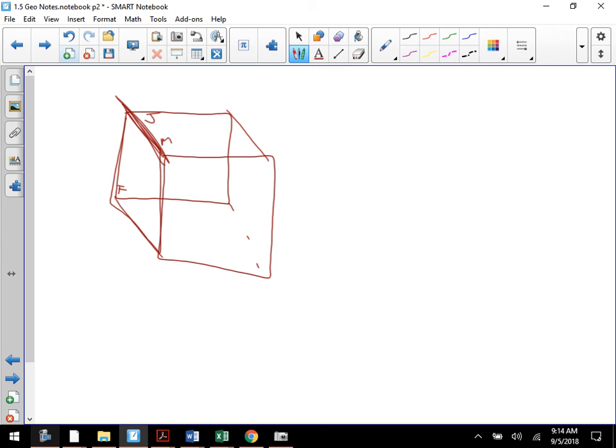See how those three all intersect at different spots? But it works perfectly fine.